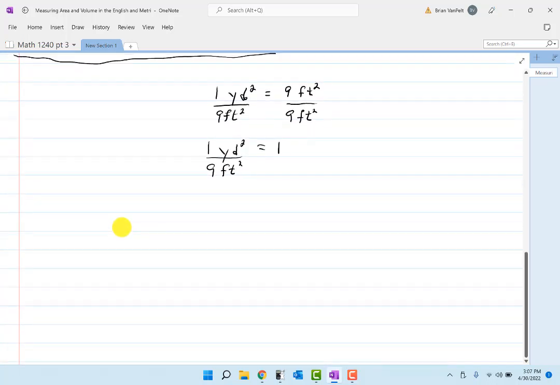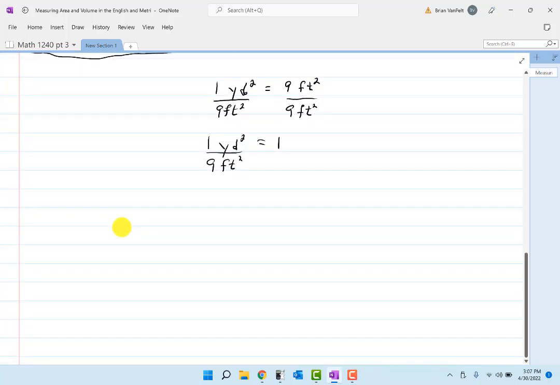Let me reiterate very carefully what we did in the last problem. We started with 150 feet squared. Now you happen to know that if you take any quantity at all and you multiply by the number 1, you have not changed it at all. You can multiply by 1, it stays the same value.